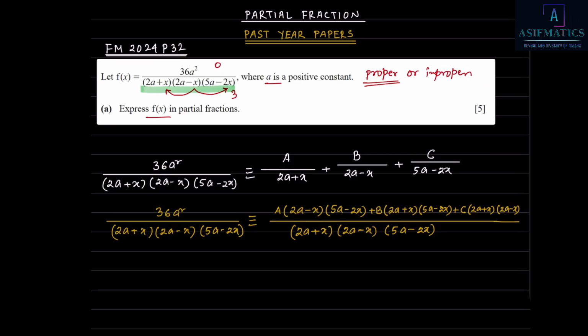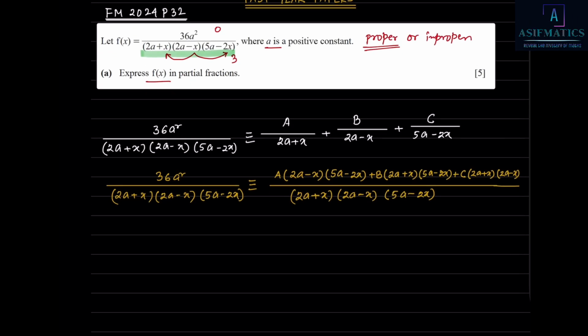Okay, then in the third line, look at this one. The denominator on the left and the denominator on the right are the same, so this can be cancelled out.